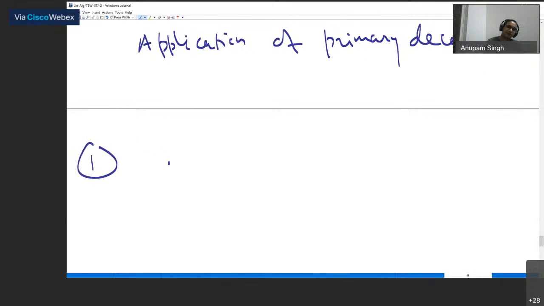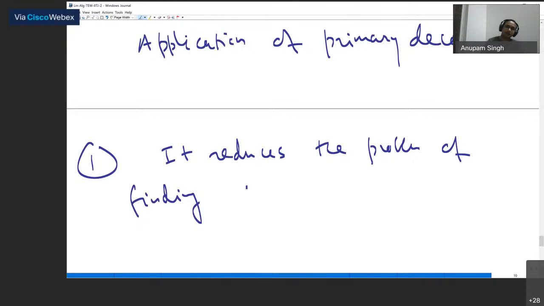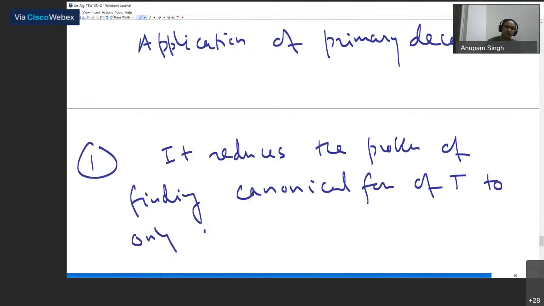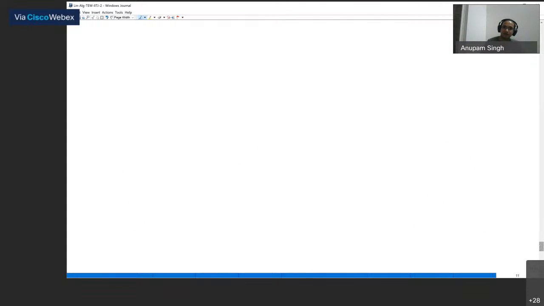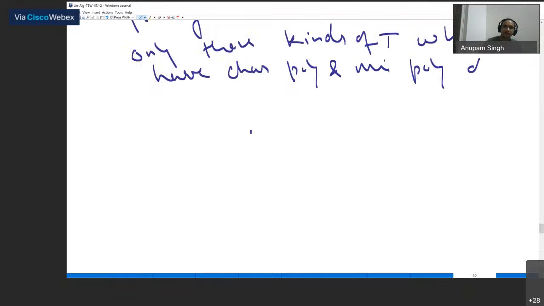First thing is that it reduces the problem of finding the canonical form of T to only those kinds of T which have characteristic polynomial, and hence minimal polynomial, of the form p(x) to the power k, and p(x) to the power l.